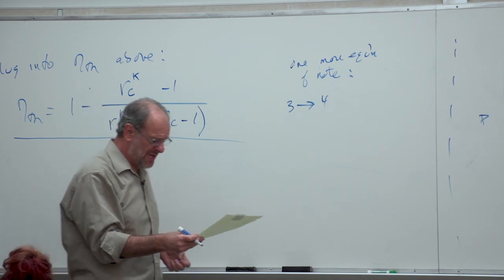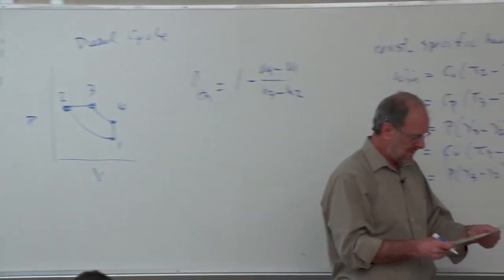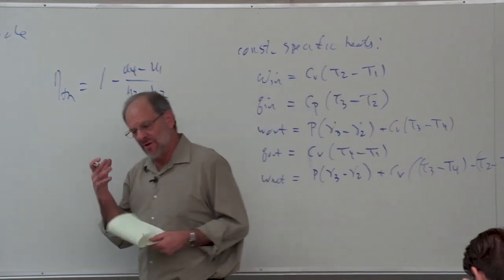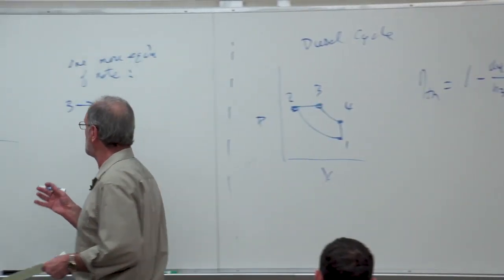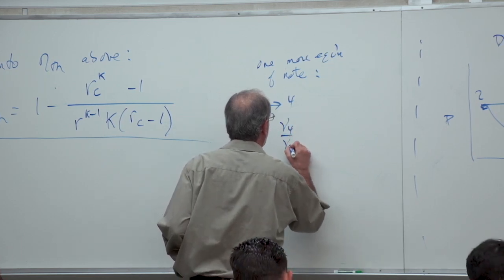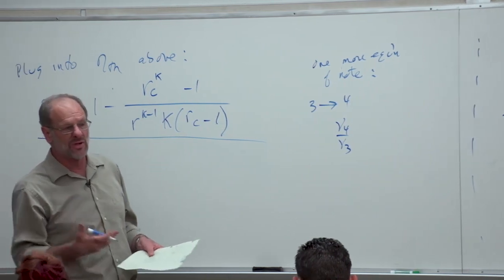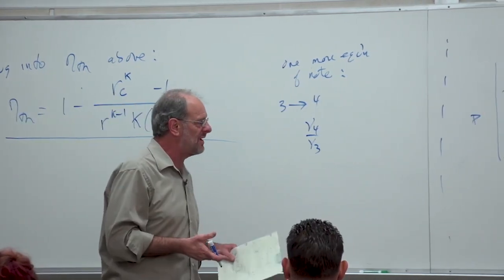What I would like to do here is note that if we go from point 3 to point 4, it is isentropic. So we would like to look at the volume ratio for this isentropic process. This is something that we will use during problem solving.